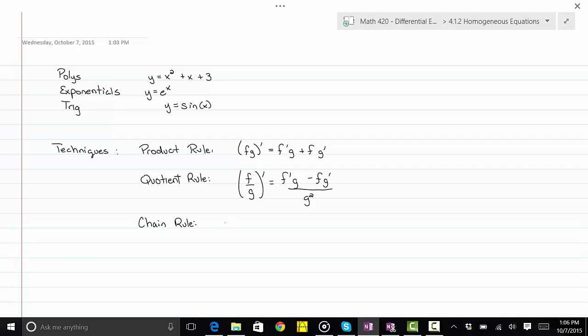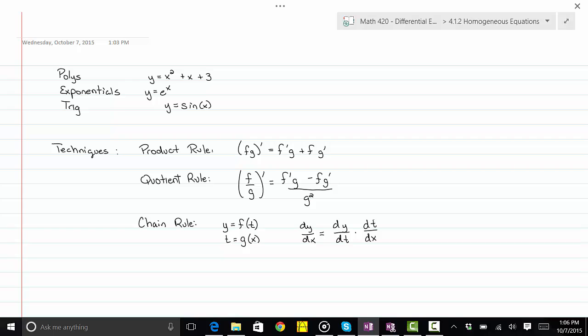The chain rule basically says that if I'm taking the derivative of a function, let's say y is a function of t, where t is another function of x, then dy/dx is equal to, first, the derivative of y with respect to its independent variable t, times the derivative of t with respect to its independent variable, which is x.